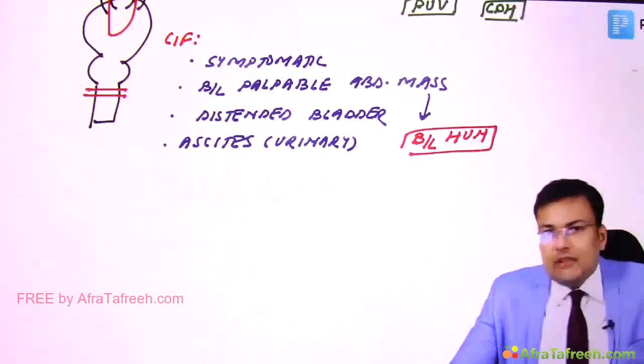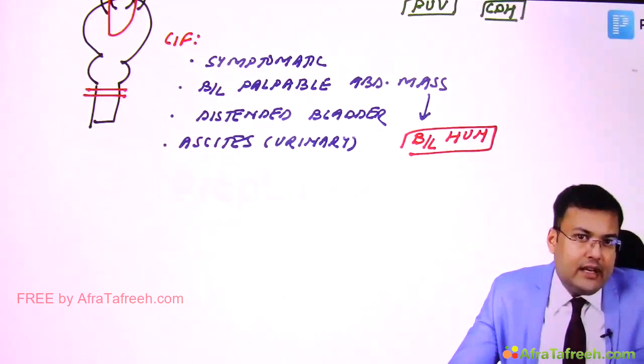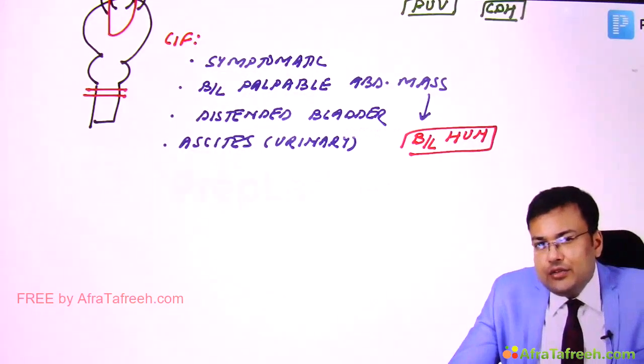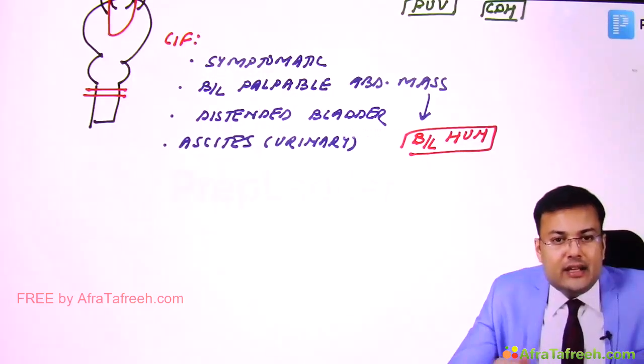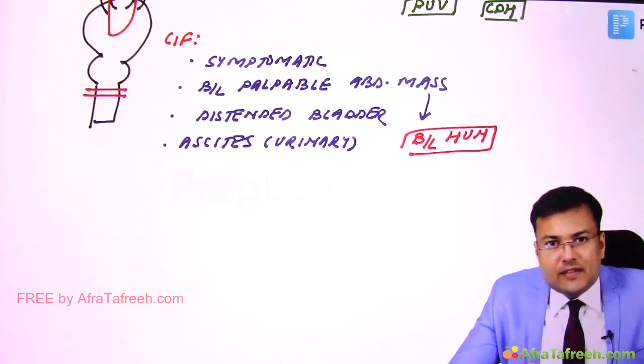If we send the patient for ultrasound, we can find bilateral hydroureteronephrosis, a distended bladder, and the presence of ascites.